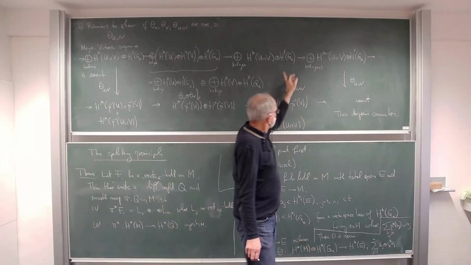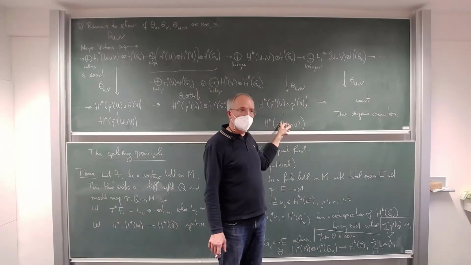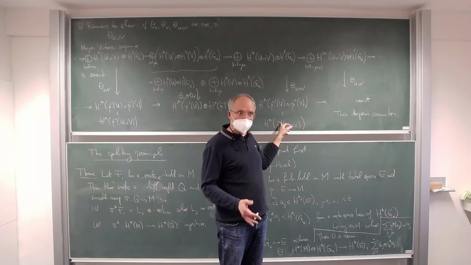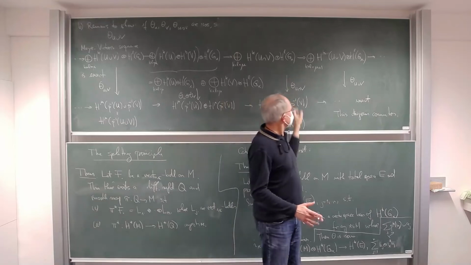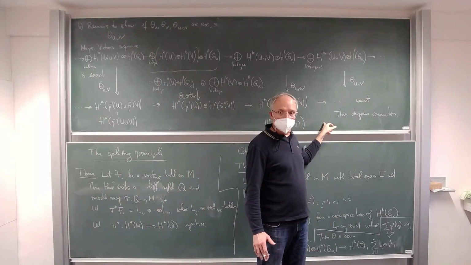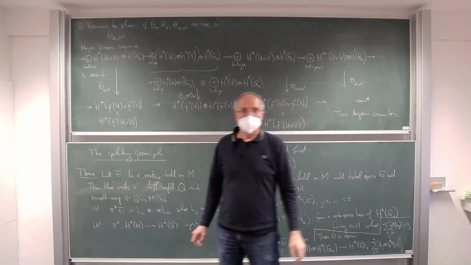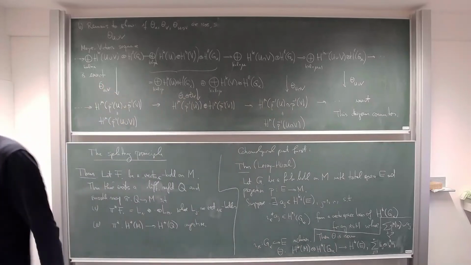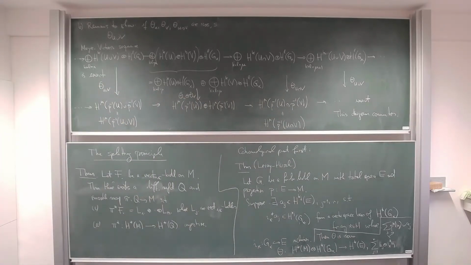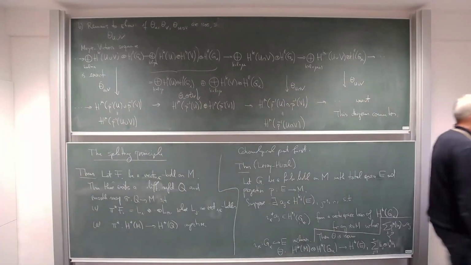Pulling back, which you do in the theta map, commutes with taking differentials, because pulling back always commutes with taking differentials. This is essentially the reason why this commutes too, if you write down the definition. So it's really nothing deep here. You just check by inserting the definitions and using the fact that taking exterior differentials commutes with pullbacks. So then you see that this is a commutative diagram.